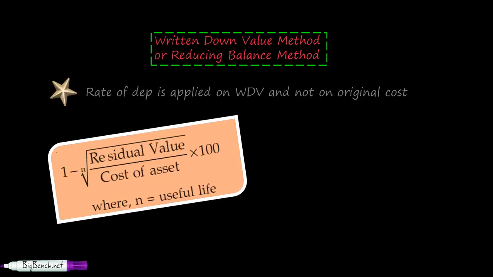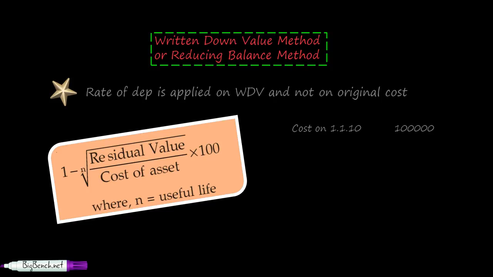It's 1 minus the nth root of residual value, that is scrap value, divided by cost of asset, into 100, where n is the useful life. So you can just remember this. We will not go into the details of how this formula has been derived, because it requires a lot of complex mathematical calculations.